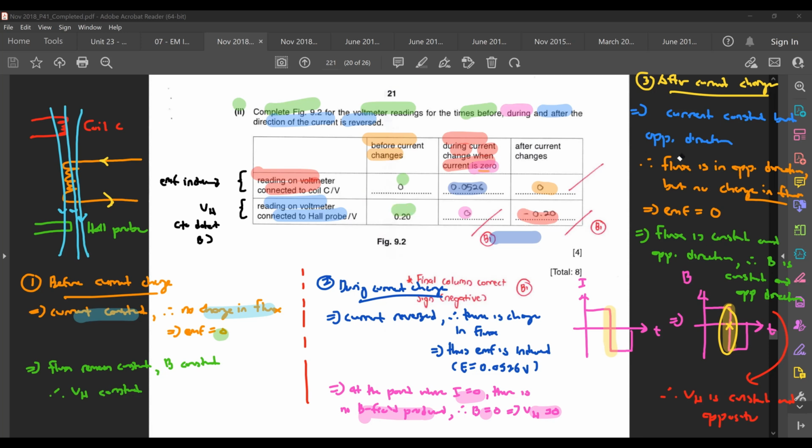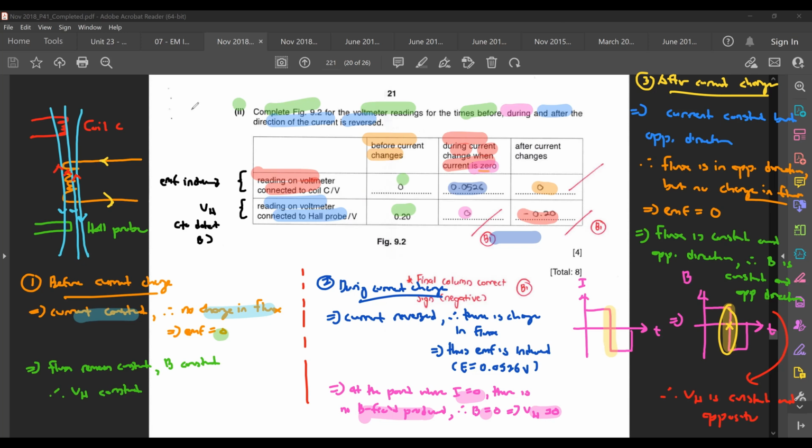Because if you try to imagine what happens after your current change, it's basically something like this. Let me try to redraw it here. I'll probably just use the same diagram here. If your current has actually changed, your flux direction will reverse. B field direction would reverse, same thing.